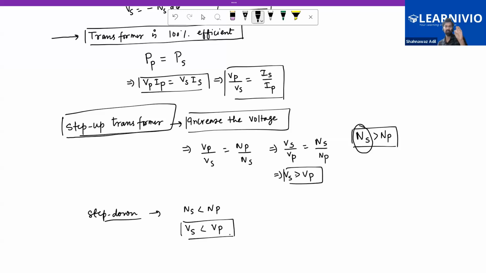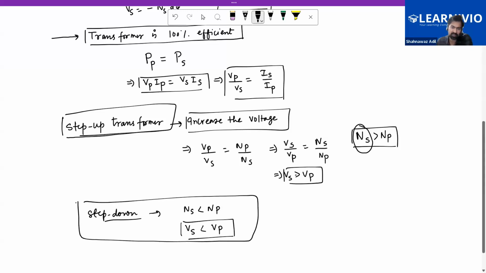Those are step down transformers, right? Let's say you are getting 11,000 or 33,000 volts, but in your household supply, you get 220 volts. That is due to the step down transformers on the streets, which are used to decrease the voltage.